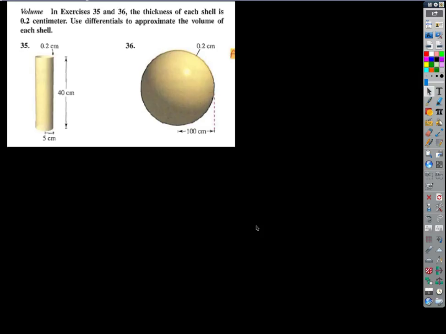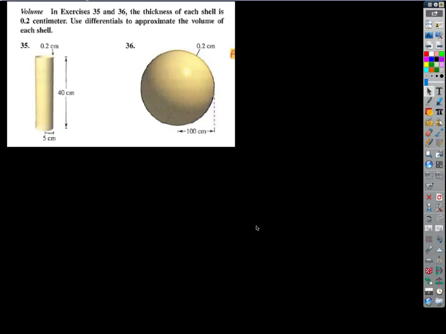Does that make sense? If we tweak the radius from 100 centimeters by plus or minus 0.2 centimeters, the amount that changes the volume is the same as the extra volume that creates this shell, if the shell is hollow.